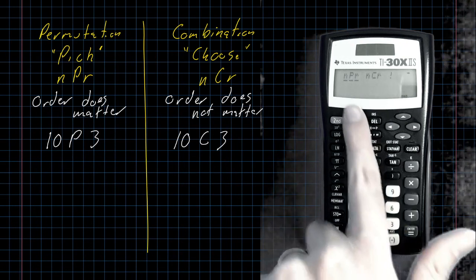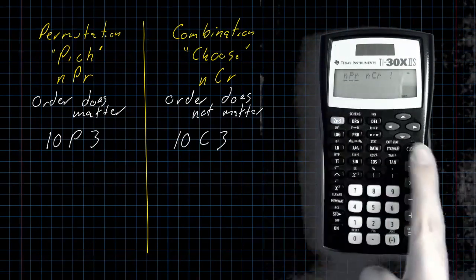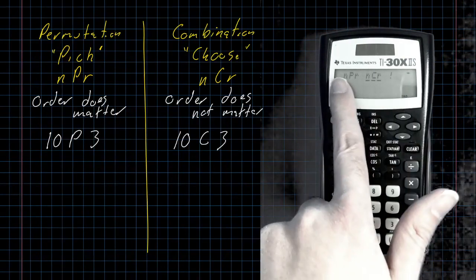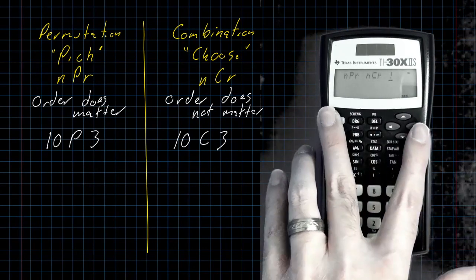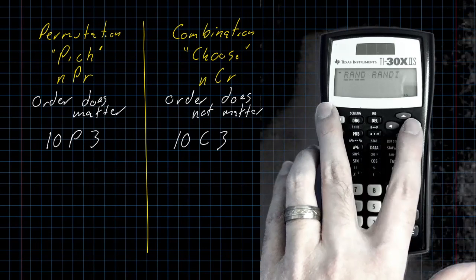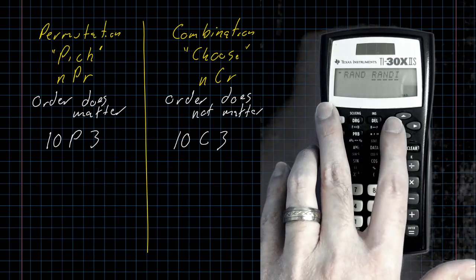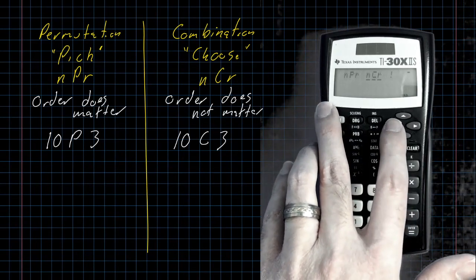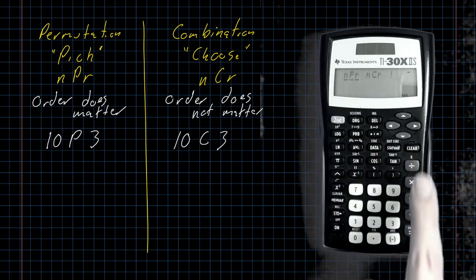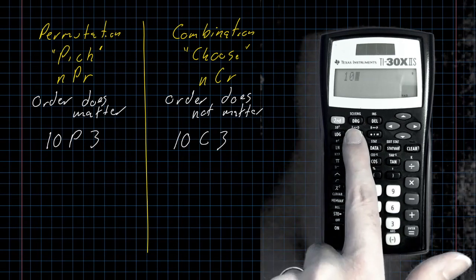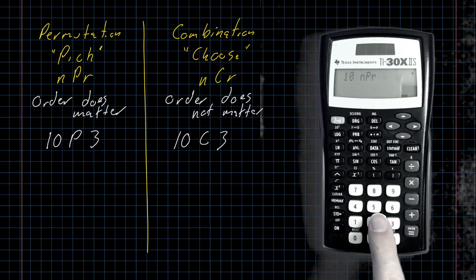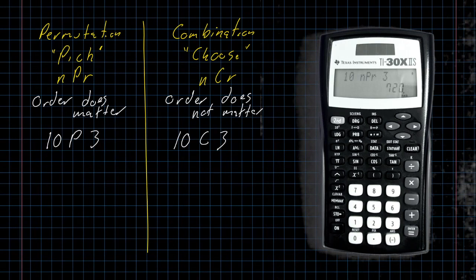The first entry in this is the nPr. I can use the arrow keys to scroll over and get the nCr. This last one is the factorial, which we're not going to worry about in this course. And then we've got Rand and RandI for generating random numbers, but those don't matter all that much. So if I take 10 and I go into this menu, get my pick function, hit 3, hit enter, my calculator tells me the result here is 720.